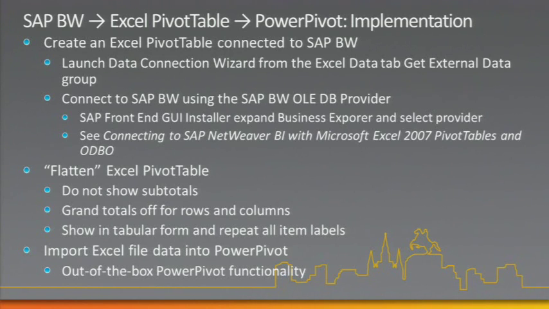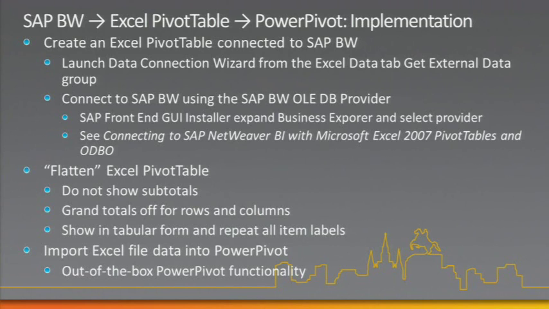Once you get the SAP data into the Excel pivot table, you're going to need to flatten that pivot table out. The reason is that however your data is arranged in the pivot table, that's how Power Pivot is going to read that data in.